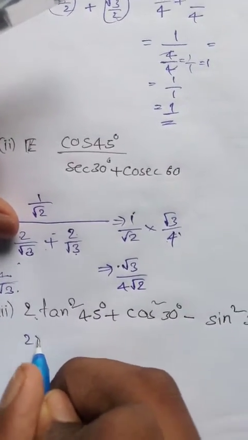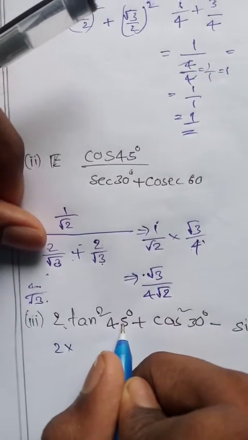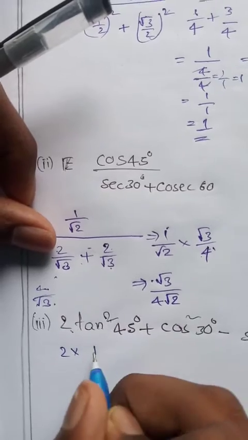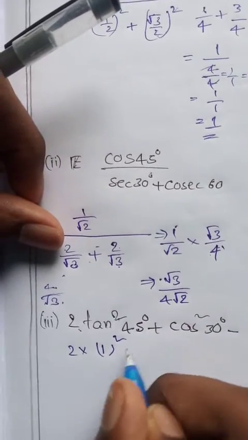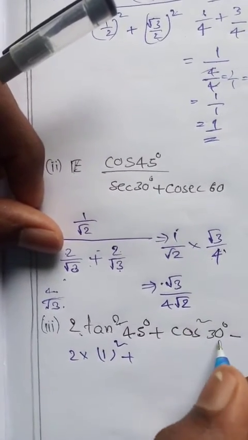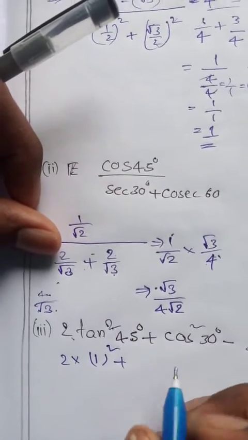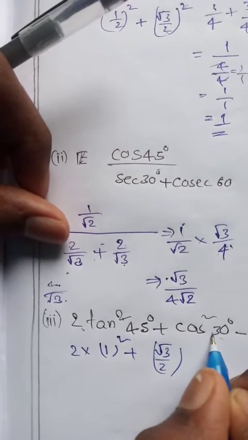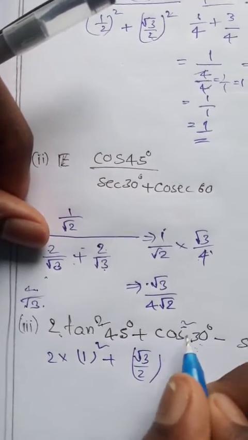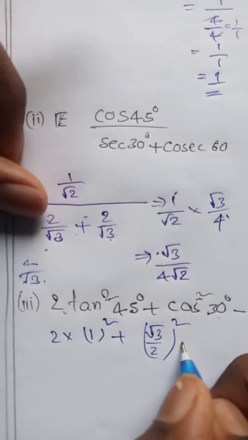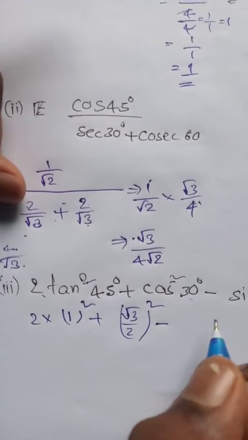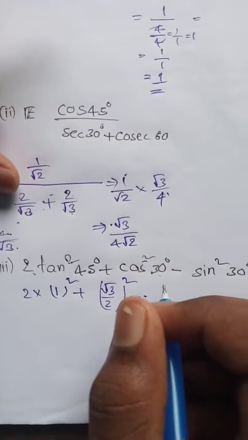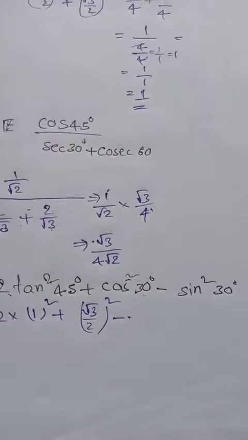2 into what is the value of tan 45? Tan 45 value is 1. We have to apply square here, plus cos 30 degrees. What is the value of cos 30 degrees? Root 3 by 2 is the value of cos 30 degrees, and we have to apply square here, and minus is also applicable, and we have to put minus, and sin 60 degrees.